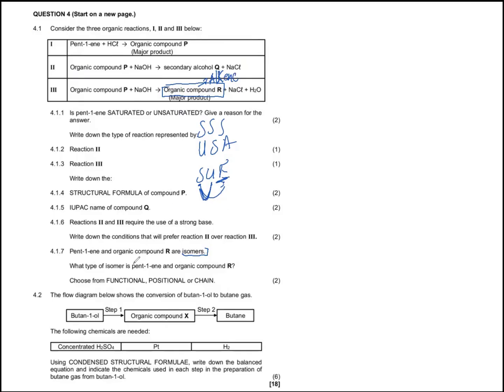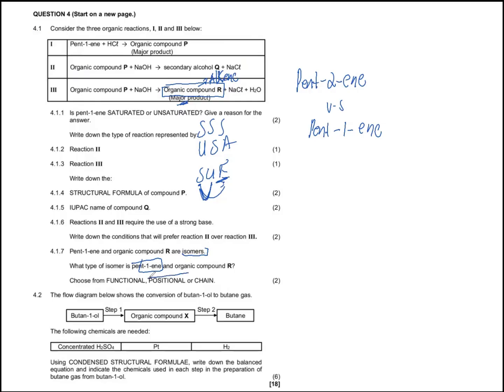And then if we are being told about pent-1-ene, the alkene that it's forming here has to be a major product, meaning that the double bond will form in between the carbon atoms. So we have something like pent-2-ene right here, versus the pent-1-ene that we are given. So what type of isomers are these?